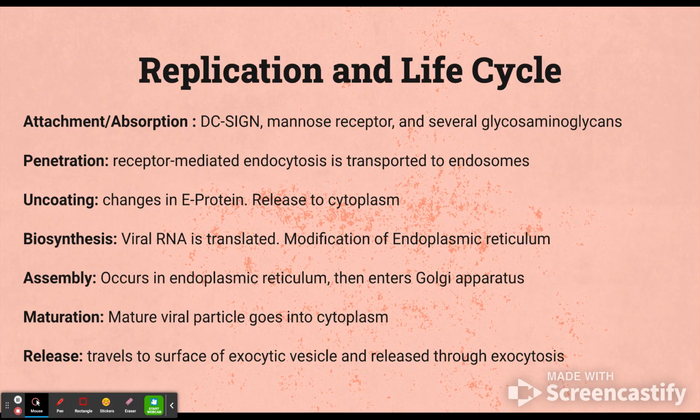In the Golgi apparatus, the prM protein of the immature virion is cut off, and then the mature viral particle is released into the cytoplasm. And then it travels to the cell surface in an exocytotic vesicle and is then released from the cell through the process of exocytosis.